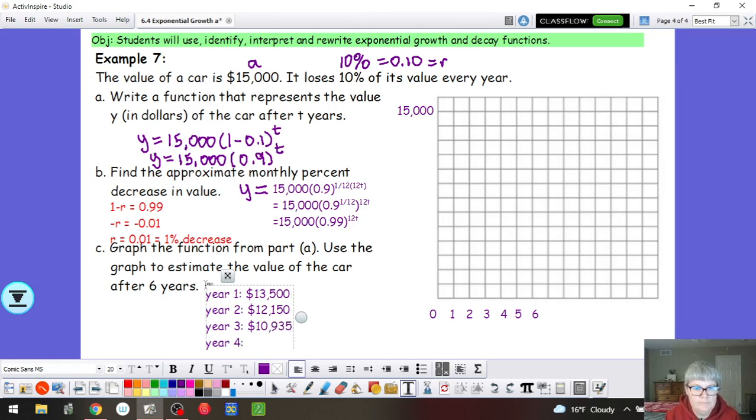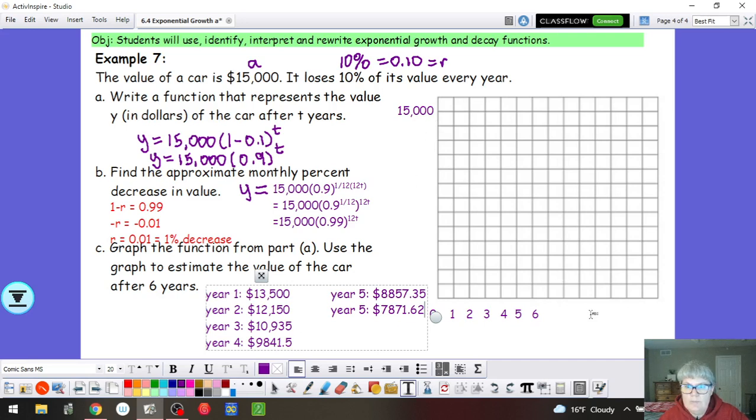Year 4, 0.9 to the 4, 9,841.5. Year 5 is 8,857.35, and then we have year 6 at 7,971.62.